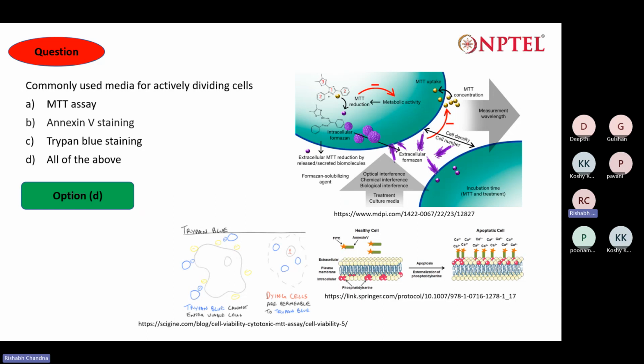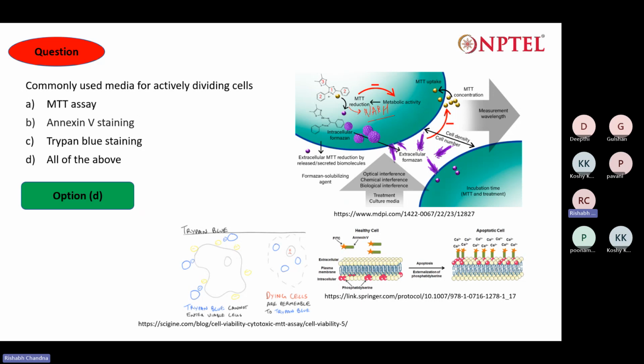So this is the basic principle of tetrazolium. When the cells are alive, they take up the tetrazolium and reduce it to form formazan, which is a purple colored compound. This is the basic mechanism. It uses mitochondrial enzymes, for example NADPH-dependent reductase; if the cells are alive, there will be reductase present.